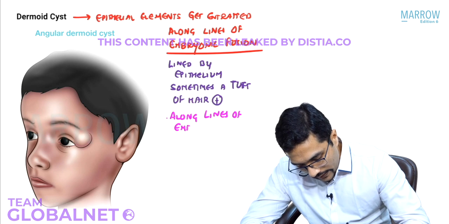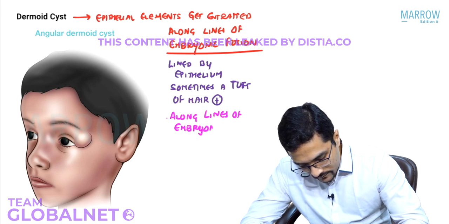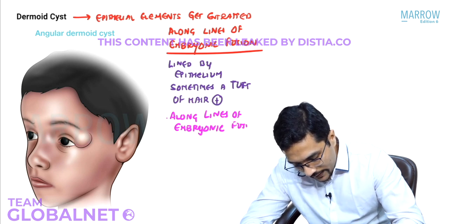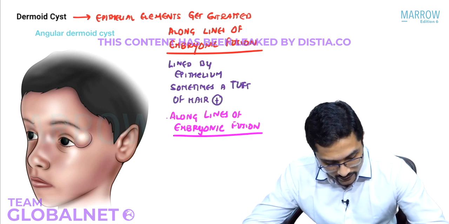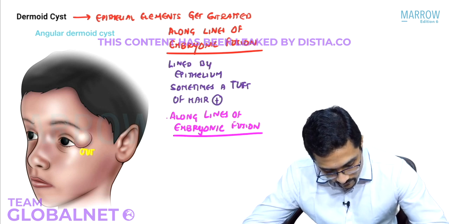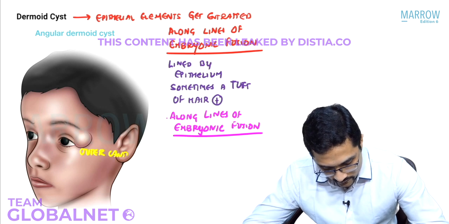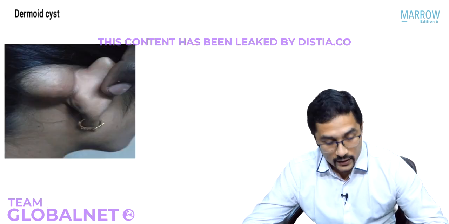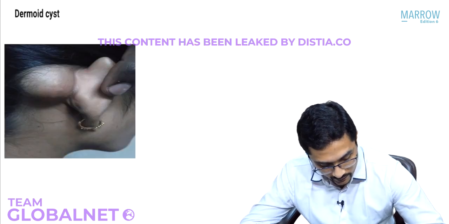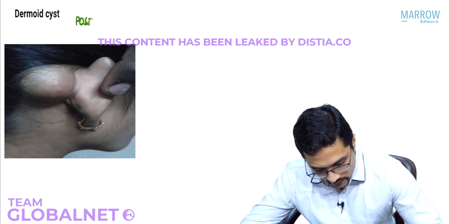It will be along lines of embryonic fusion. So the classical areas for a dermoid cyst are the outer canthus of the eye, as you can see here. Or it can be a post-auricular dermoid. This one is a post-auricular dermoid.